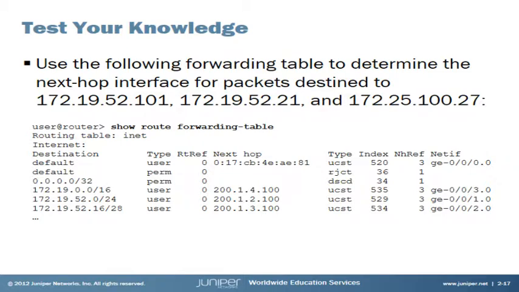If we don't have it, it's going to be dropped. What about this one up here? Our default. Default, yeah. So it'll go out 000, because everything matches the default. Okay, so it'll go out there.